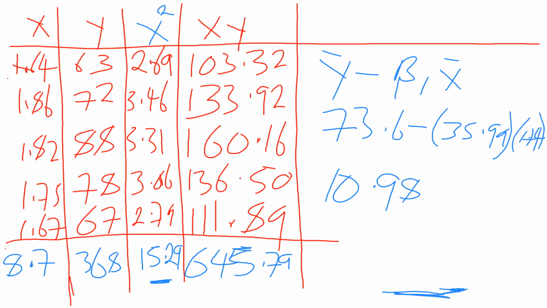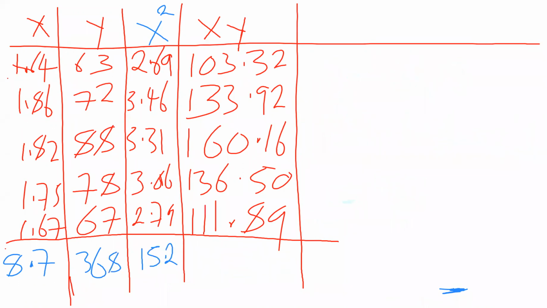Okay, so you can put 10.98 as the beta naught, right? So you can now estimate the line.